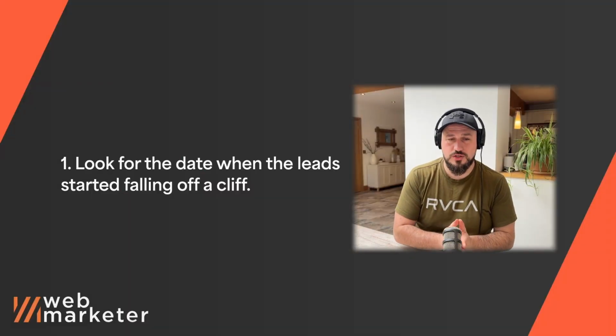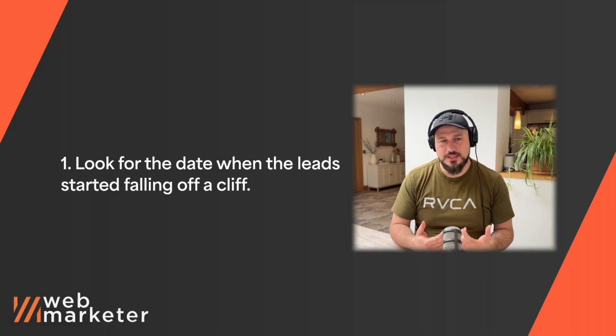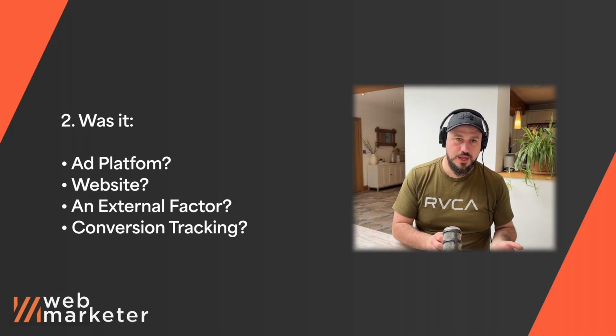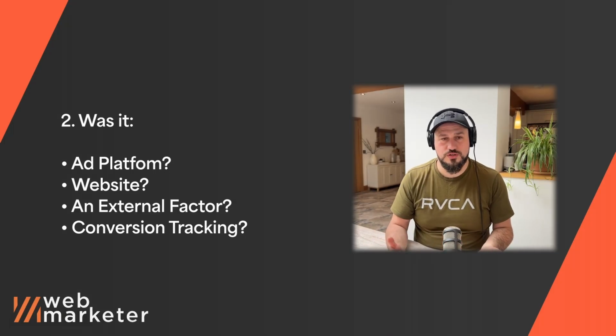Okay, so that feels like a good place to do a quick recap of what we've talked about. First off, things changed on a specific date. So you want to find the date where the leads started falling off a cliff. The next thing is to decide whether it was an ad platform thing, a website thing, an external factor, or a conversion tracking thing. There's 2 metrics that will point you in the right direction.